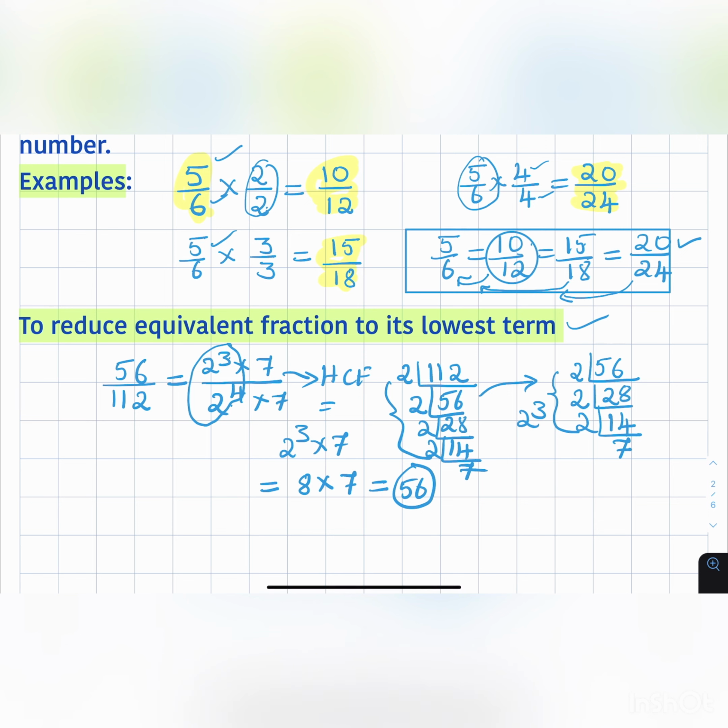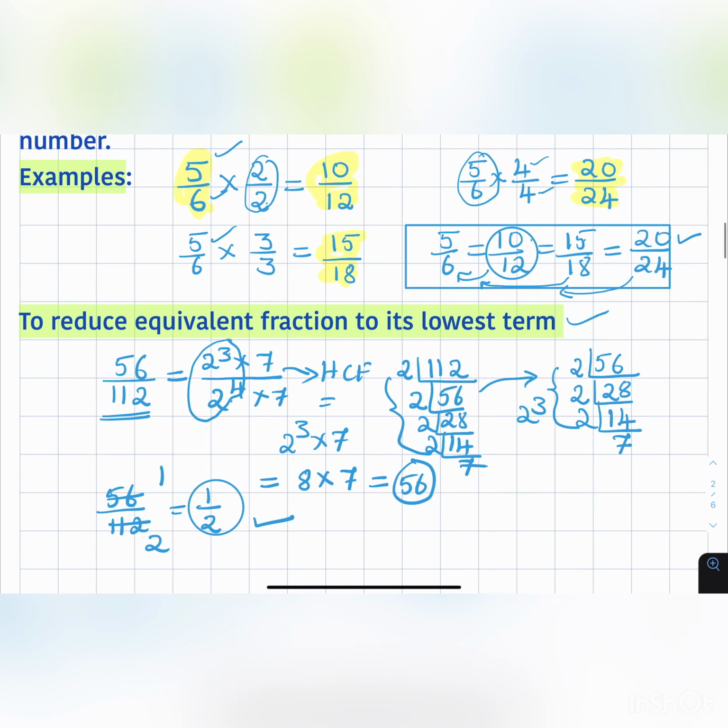Therefore we can reduce this 56 by 112 with 56 itself. So 56 divided by 112 is 56 ones are 56, 56 twos are 112. This is 1 by 2. Reduced form is 1 by 2. This is the answer.